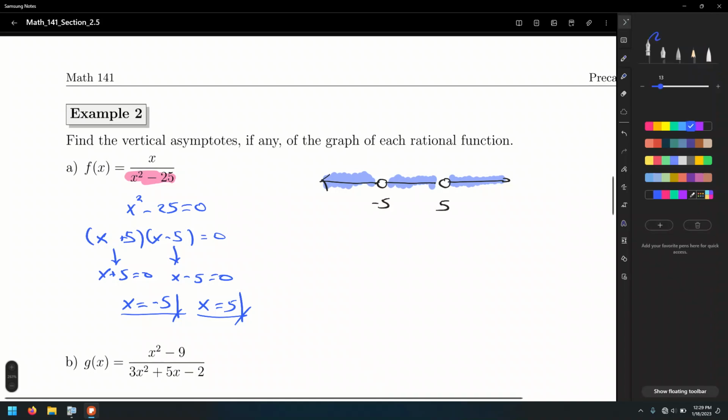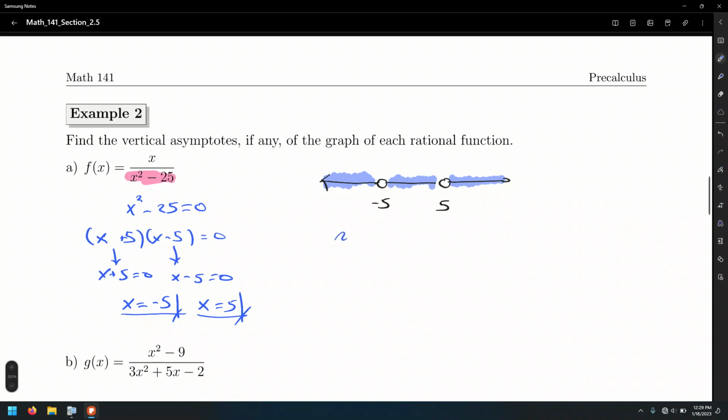So one way to describe the domain using set builder notation: domain, it's x such that x cannot be negative 5 or cannot be 5. That's one way to describe it in set builder notation.